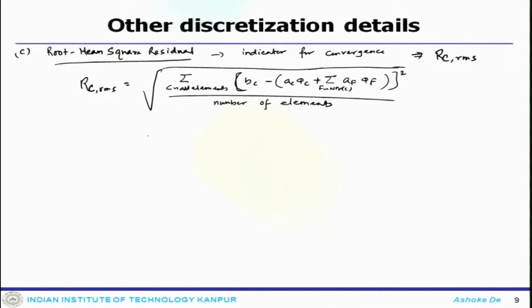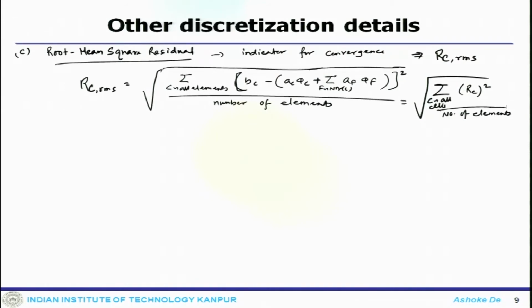In our terminology, this is nothing but the summation over all cells of RC squared divided by the number of elements.